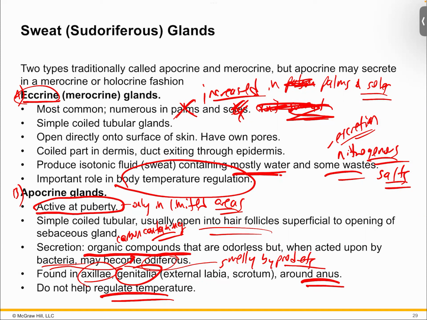Well, think about it for a second. First of all, let's take a look at the pattern. These guys don't turn on until when? Puberty. What also happens during puberty? Basically, you are turning from a kid who can get away with taking a bath on occasion.